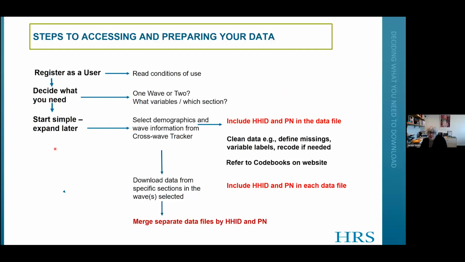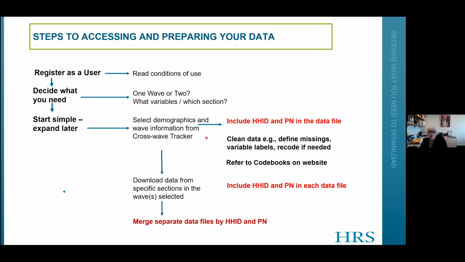And I always suggest to people just start simple and expand later on. Every file that you download always include HHID, that's the household ID, and PN, the person number in the household. That's what you need to be able to merge together different data files.